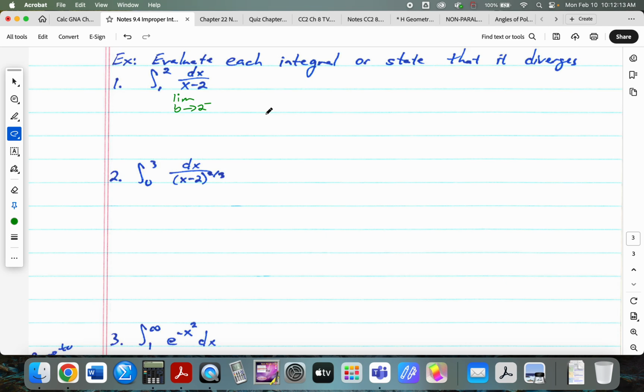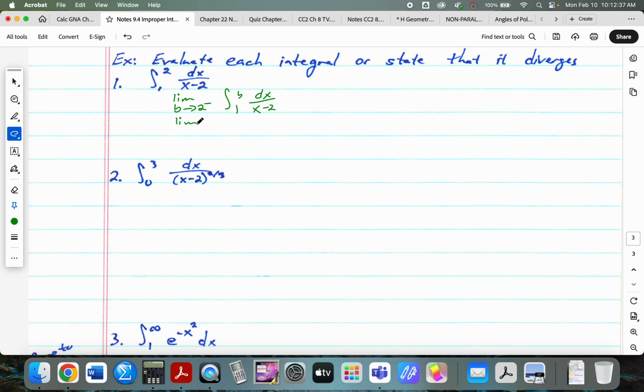Now, it's not always important that it's from the left or from the right. Sometimes it is, though. The reason we're going from the left is we're starting at 1 and going towards 2, so we've got to be coming from the left, of the integral from 1 to b of dx over x minus 2.